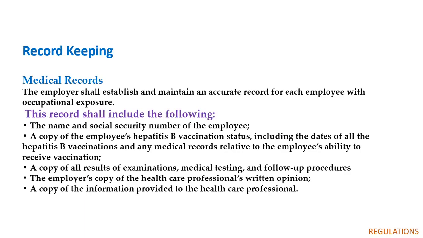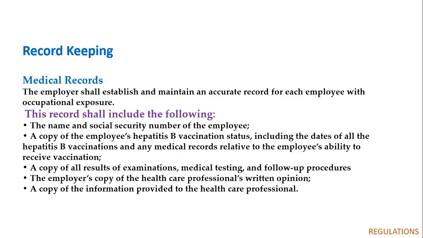Under the exposure control plan, there should also be record keeping. First is the medical record. The employer shall establish and maintain an accurate record for each employee with occupational exposure. The record should include the following: the name and social security number of the employee, a copy of the employee's hepatitis B vaccination status, including the dates of all hepatitis B vaccinations and any medical records relative to the employee's ability to receive the vaccination.